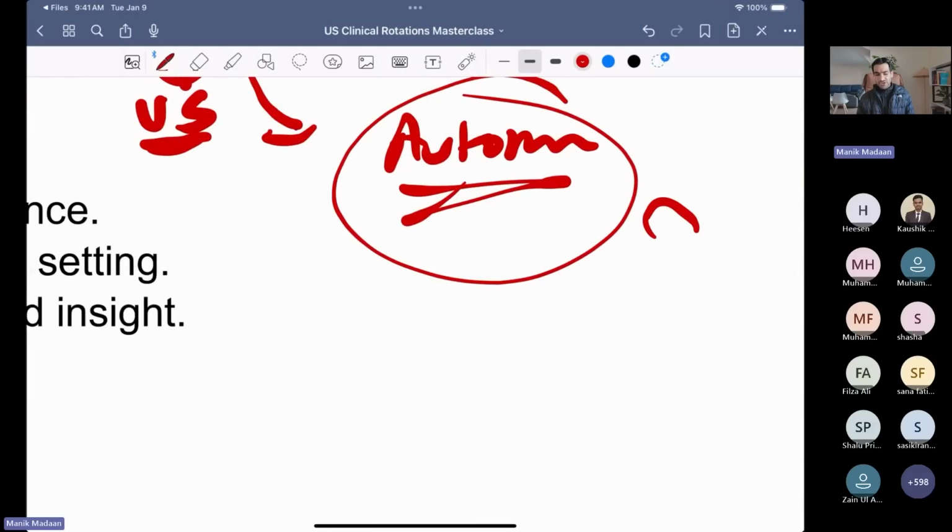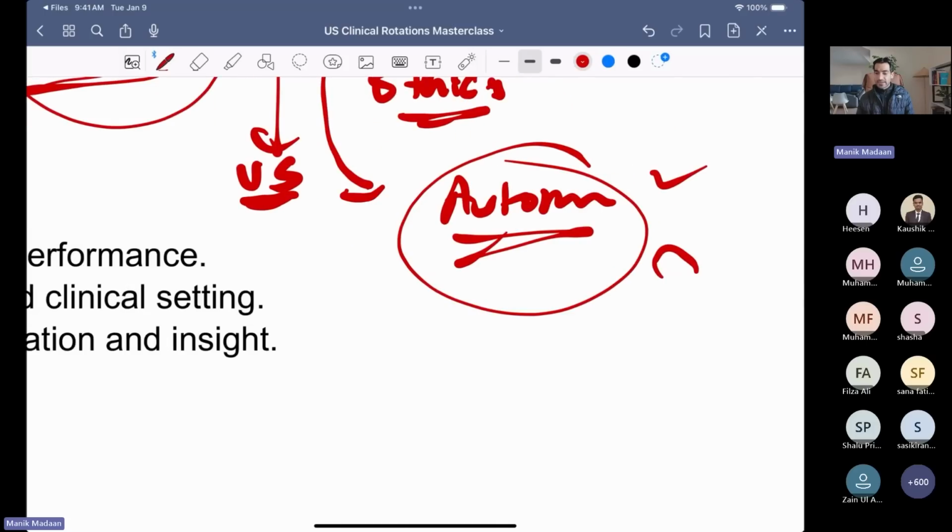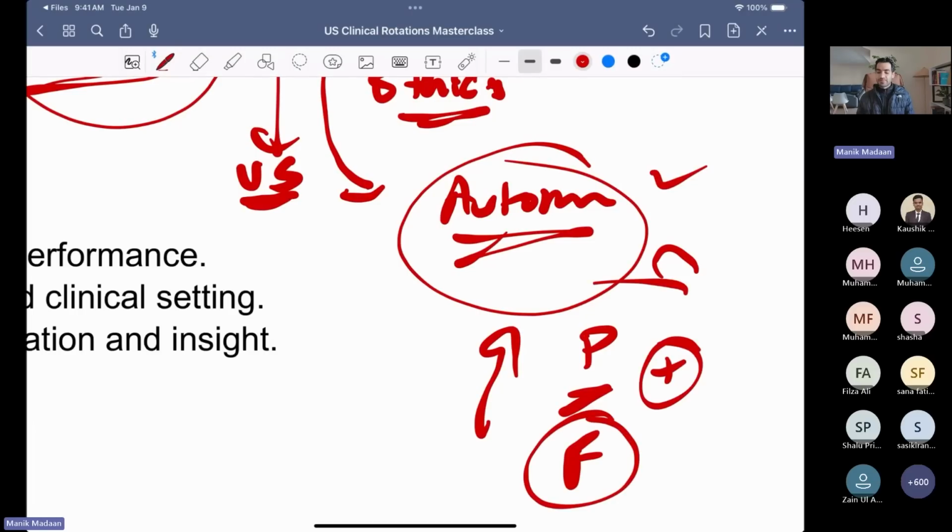Autonomy is how much importance do you give to a patient in their decision making, right? In India, where I'm from, India is an amazing country, by the way, right? Sometimes autonomy isn't as emphasized. We don't even listen to the patient at times because there's no time in it. And I get it, right? That's the restriction. But in the US, autonomy is huge because you have to take into account what the patient is saying, what the family is saying. Is there concordance with what the patient and family is saying?